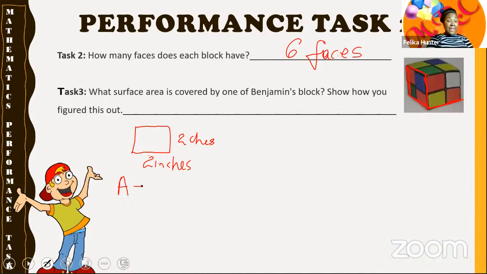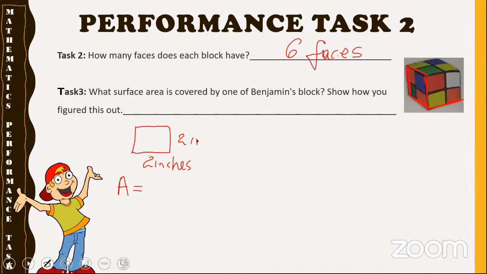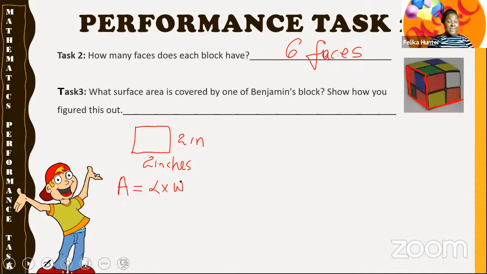How do I calculate the area of a square? Length times width. All right. Well done, Shanive. Anyone have another way of saying it apart from length times width?